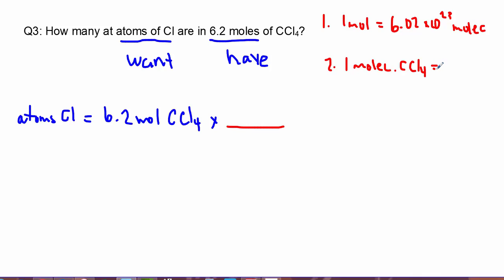So this is one of those questions where we just have to count then the number of atoms, which is something that you did in the last lesson. You learned how to count the total number of atoms. There's 5 atoms altogether in this compound, but specifically looking at chlorine, there's only 4.